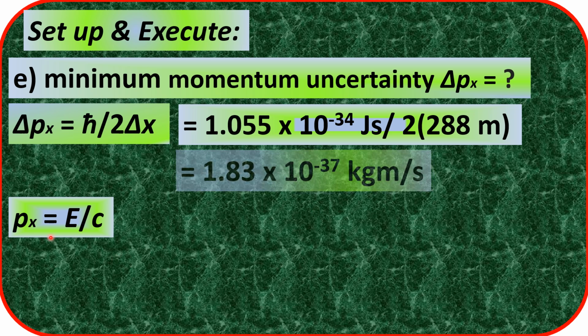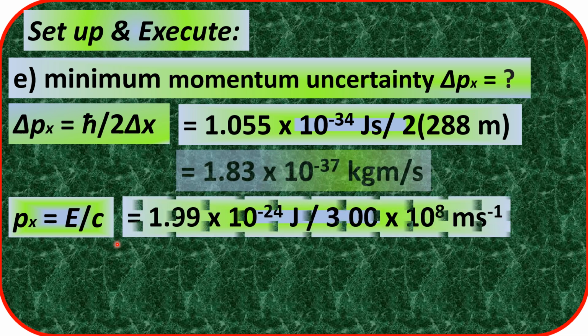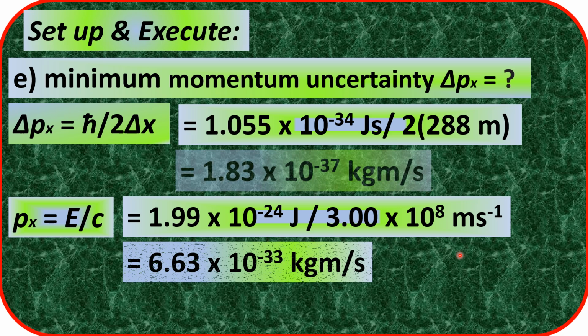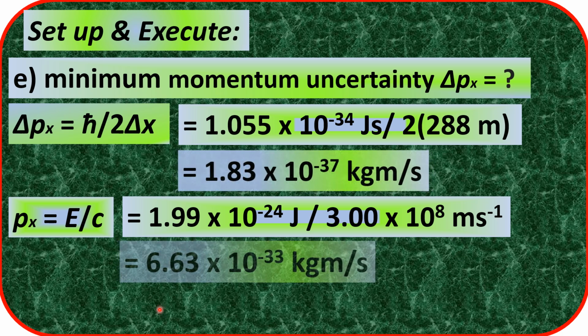So p sub x is just equal to the average photon energy, capital E, divided by the speed of light, small letter c, or that is 1.99 times 10 to the negative 24 joules divided by 3.00 times 10 to the 8 meters per second, or the photon momentum p sub x equals 6.63 times 10 to the negative 33 kilogram meter per second.